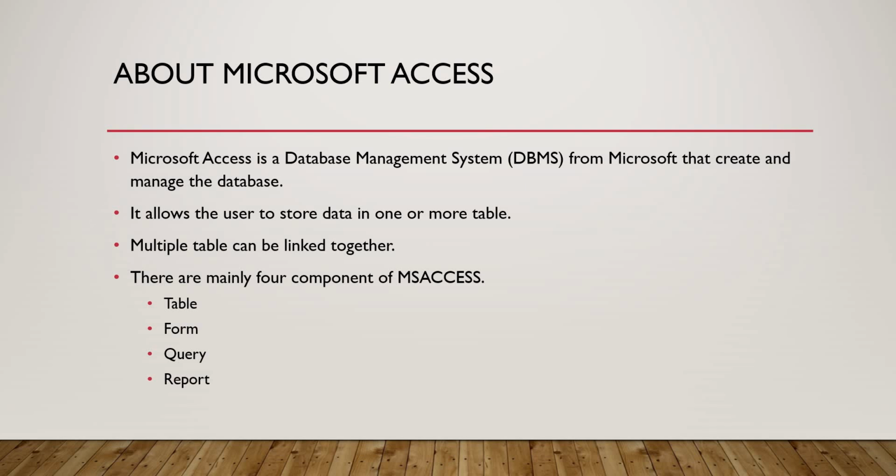So if you have two tables, one for register and another for attendance, or one for report card and another for attendance, you can link them together to get the conclusion or the result. There are mainly four components of MS Access: table, form, query, and last one is report.